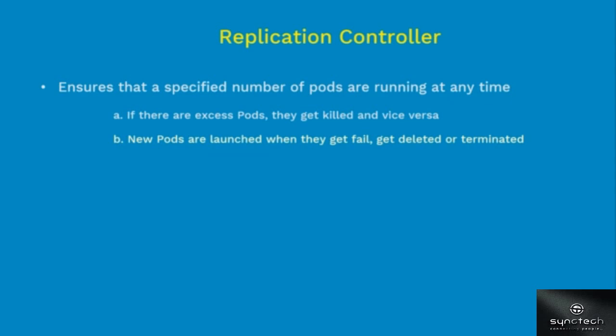Sometimes pods do fail, get deleted, or die for various reasons. When they do, if it is backed by ReplicationController, then these pods will get automatically recreated. So there will be a situation where you want to run only one pod all the time.